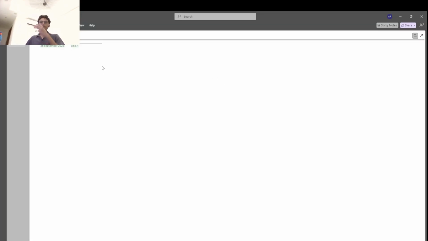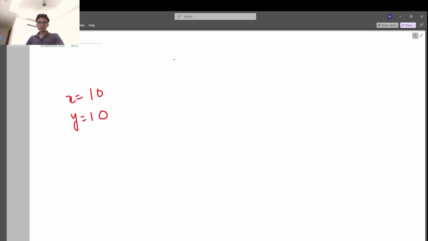So let's say we have 10 units of good X and 10 units of good Y. So this is our total availability of goods. Now we have to allocate this total amount of good X and Y between, let's say, n people.